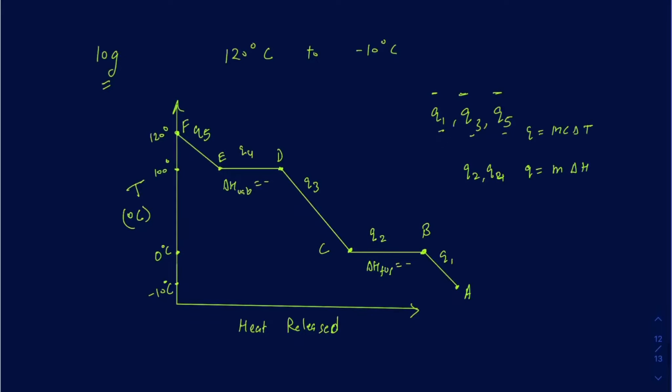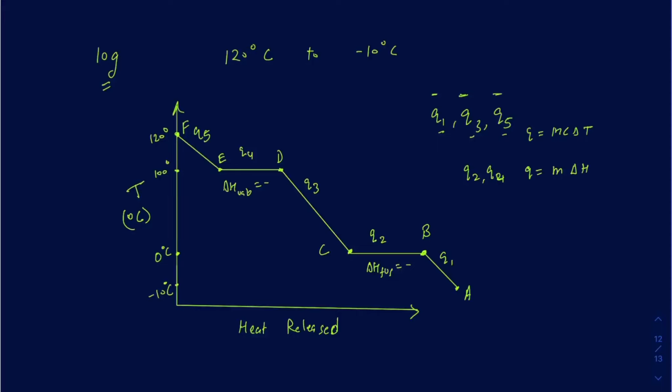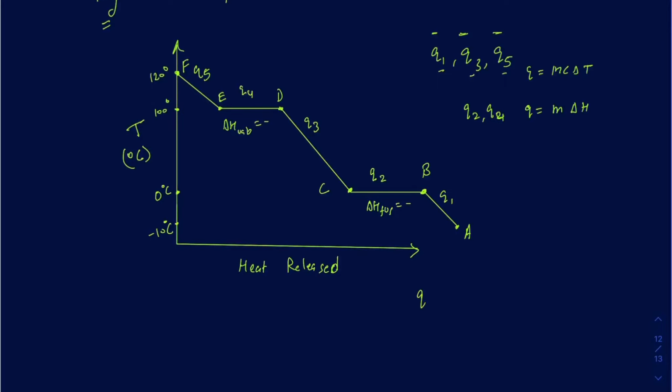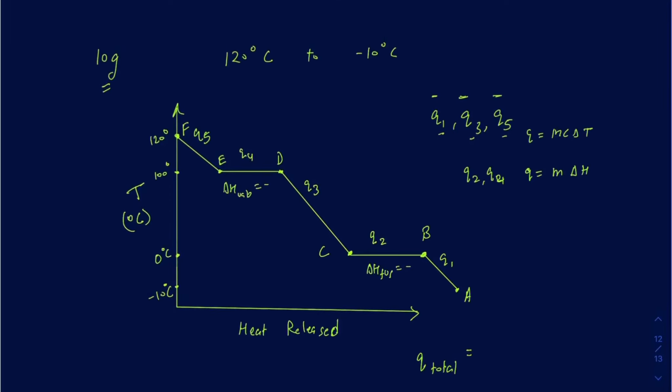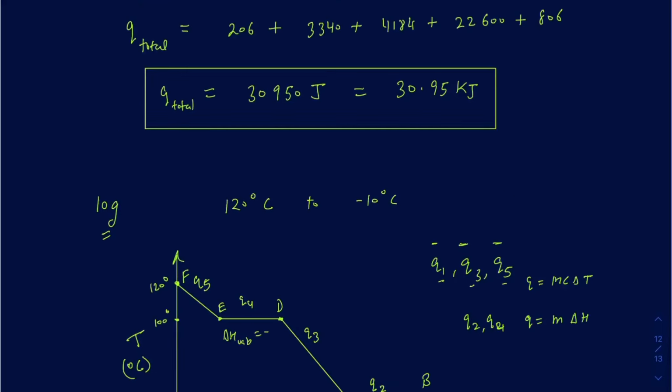When you do all this math, and I encourage you to do it, calculate Q1, Q3, Q5, Q2, and Q4 using the formulas I have written down, and then calculate the Q total. I'm just going to go ahead and write that number down. The Q total is actually the same number that you got earlier, which was 30,950.